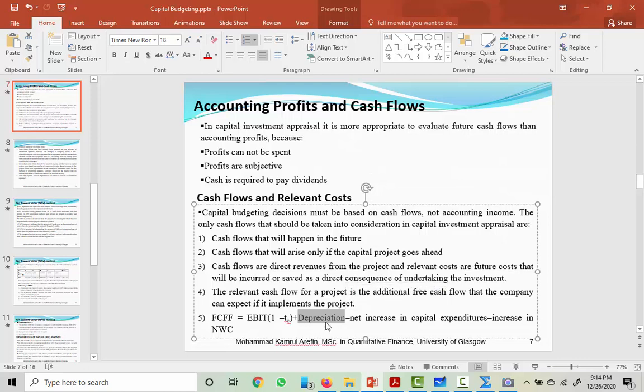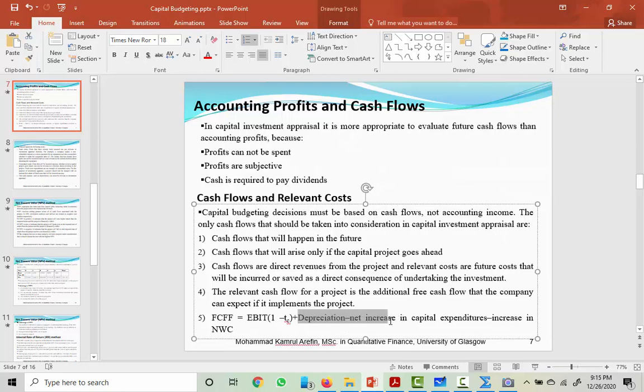Cash has not gone out, so cash is still in the company. So that's why we need to add it back to find the free cash flow.